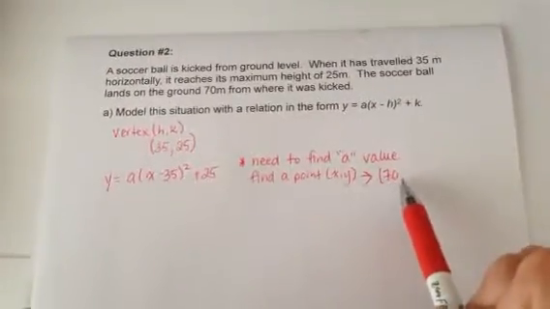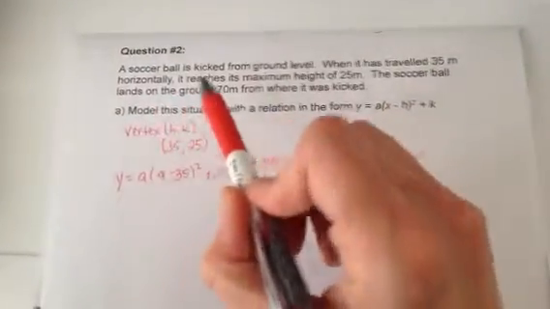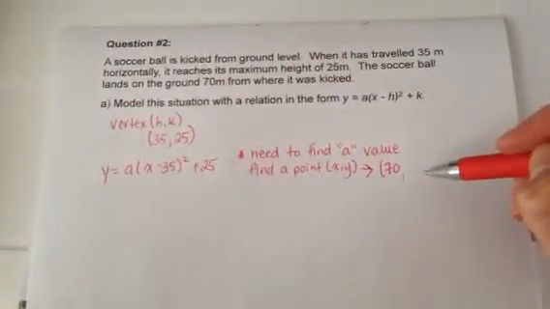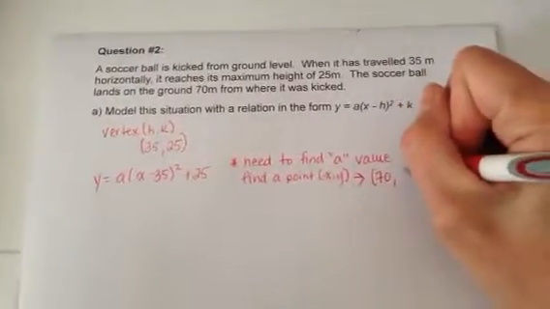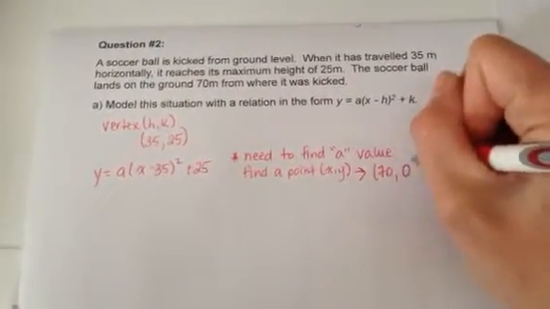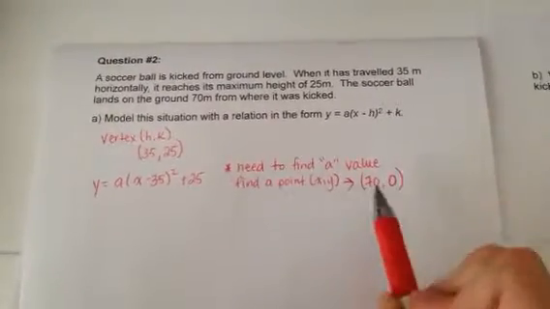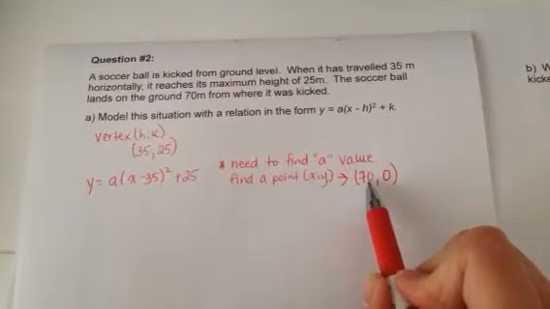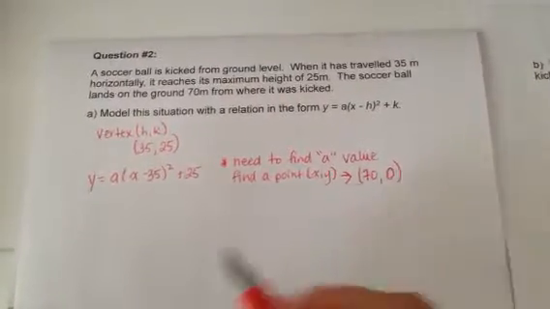And from here we can find out what our y value is. If it lands on the ground, it has not moved up vertically, so it has a vertical height of 0. So that's our other point.